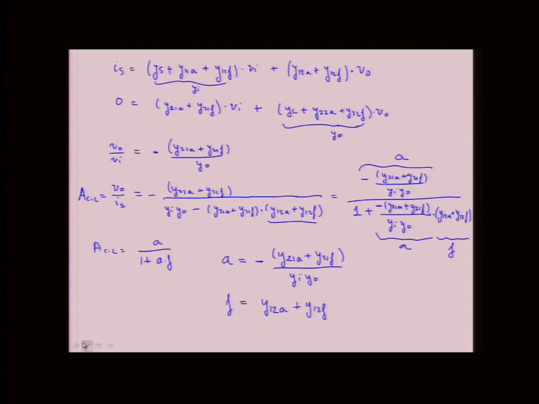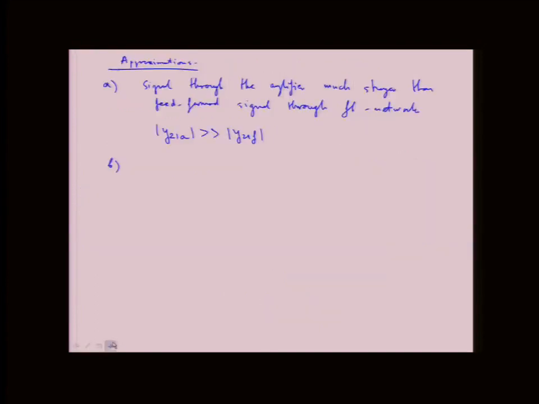Looking at previous expressions, that just means that this component here can be neglected with respect to this Y21A over here. So my A is usually going to be just minus Y21A over YI, Y0. So I don't have to worry about Y21F.